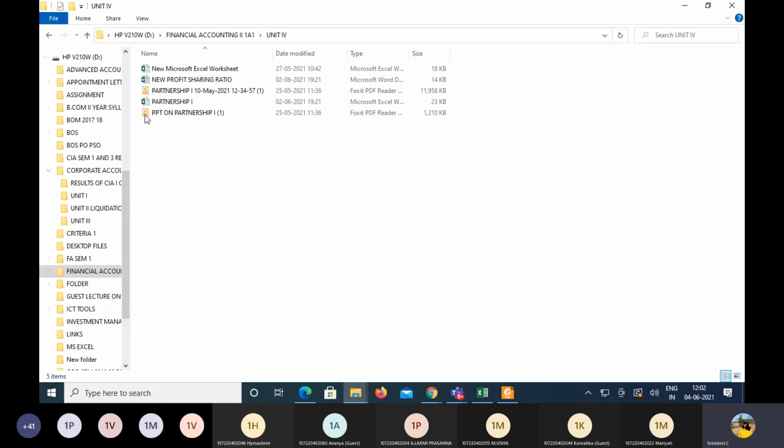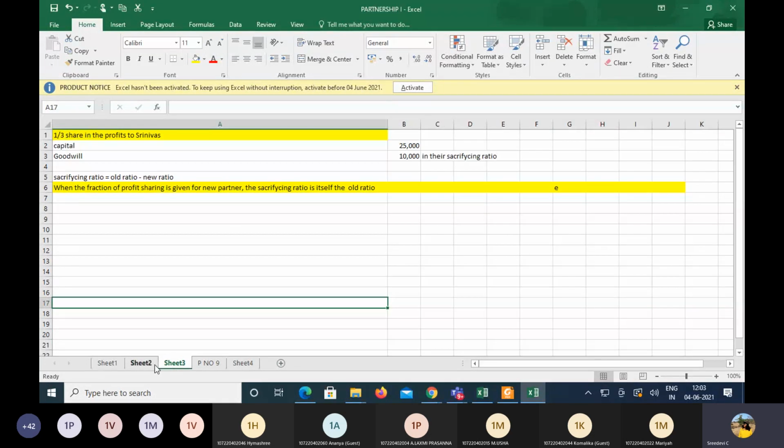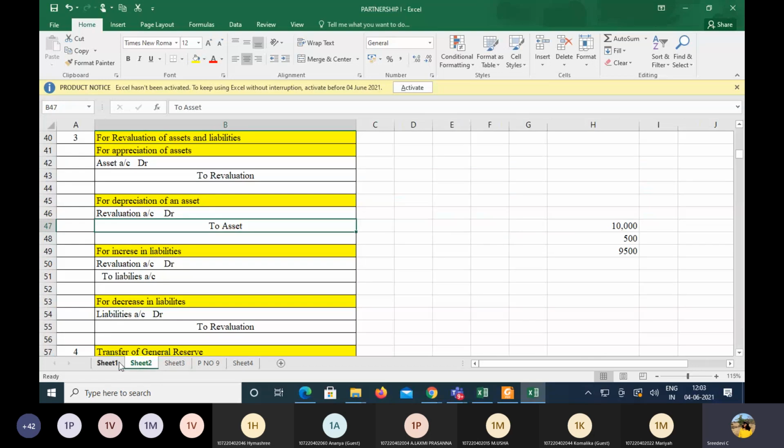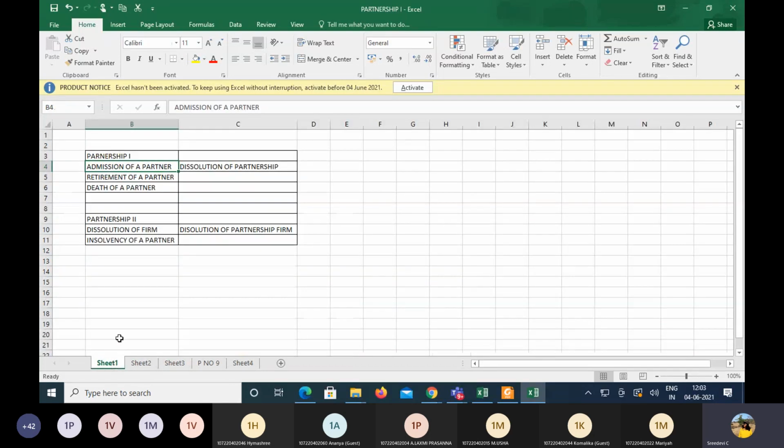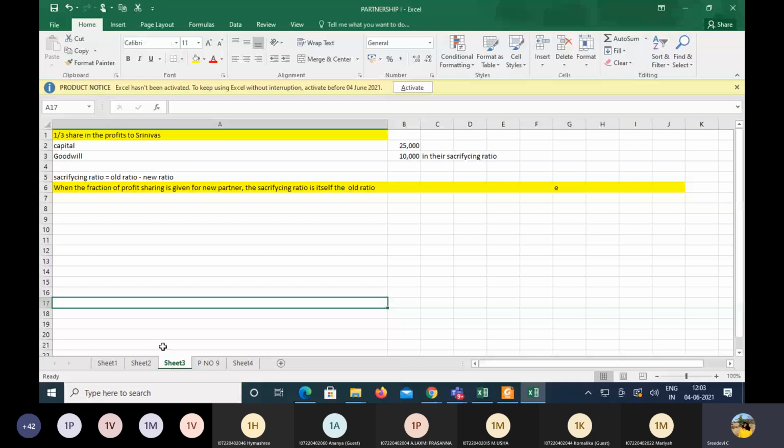We need to have an Excel sheet. Now let's first finish with the journal entries.